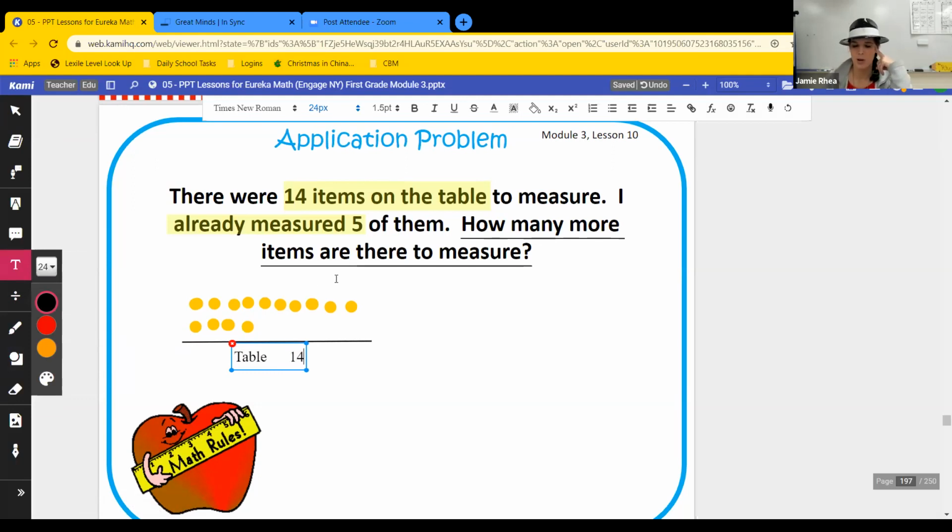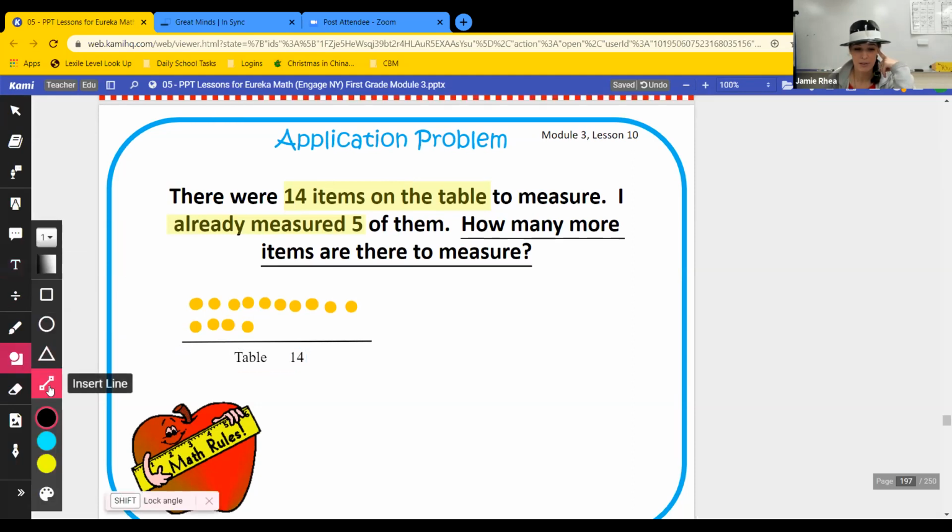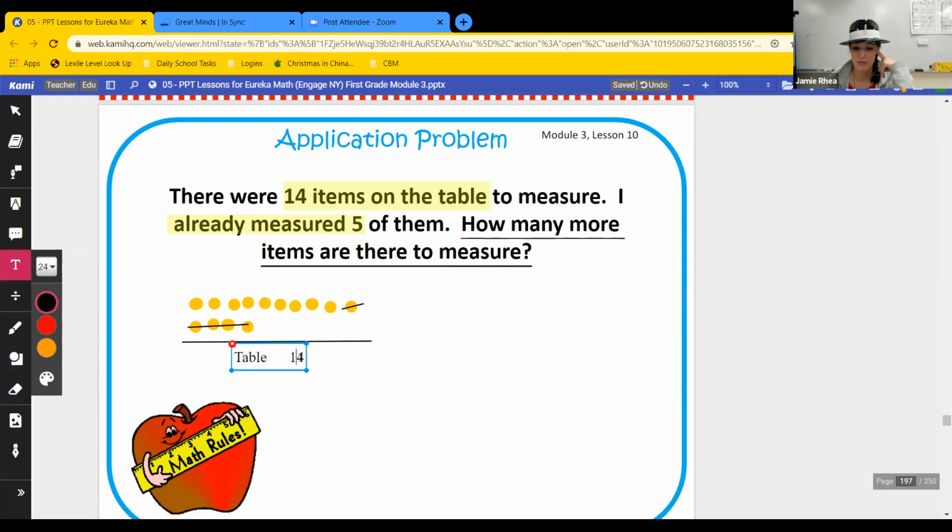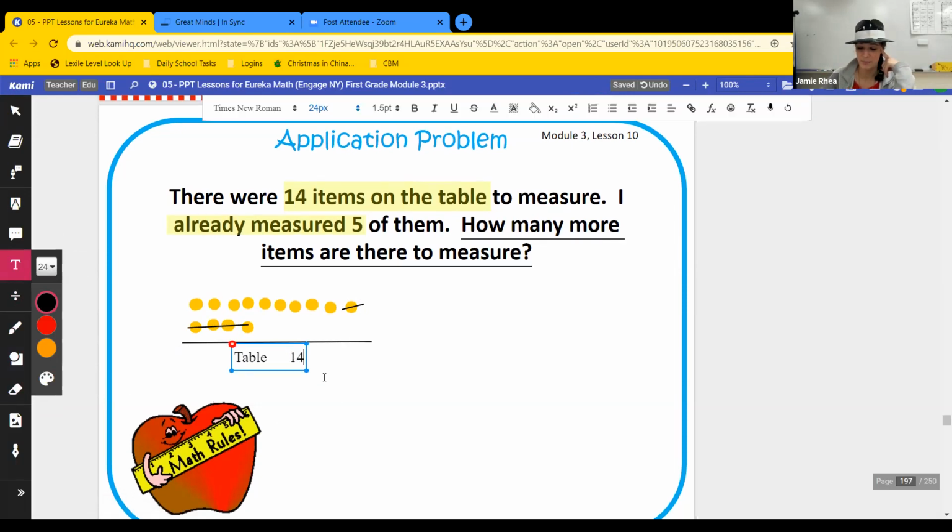Now, I've already measured 5 of them, so I'm going to mark out 5. If I'm marking something out, what am I doing with it? Taking it away, right? So I took 5 away from my 14. So minus 5 equals, how many do I have left? Let's count them. 1, 2, 3, 4, 5, 6, 7, 8, 9.